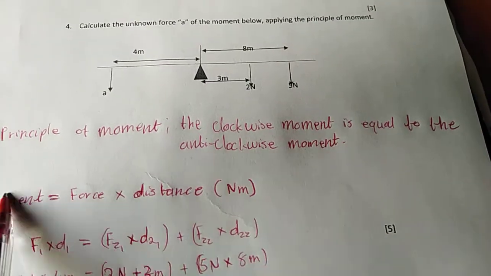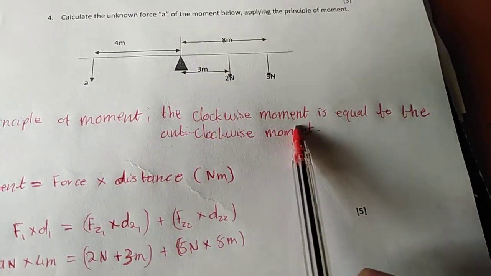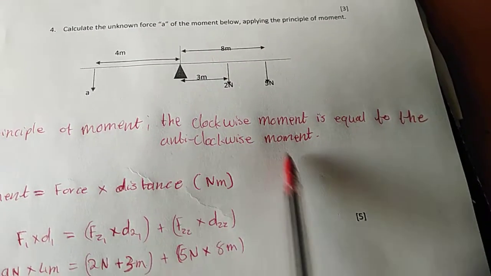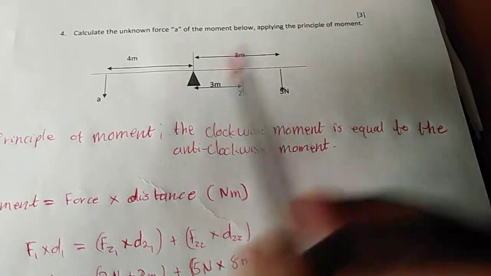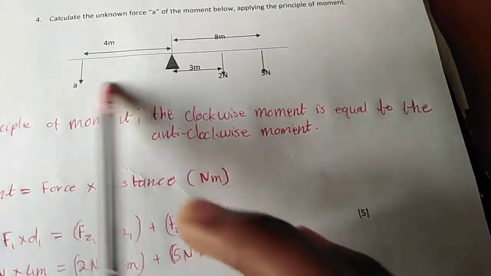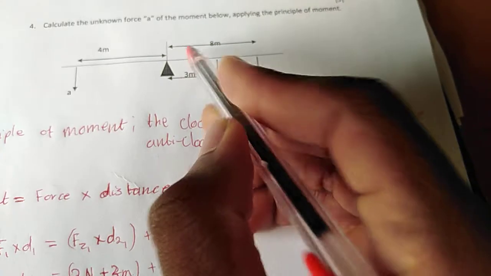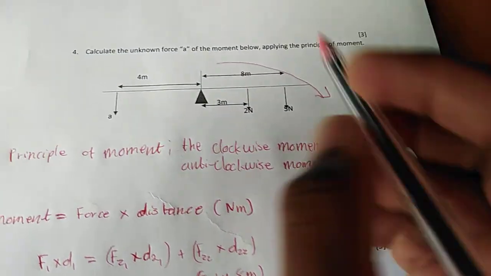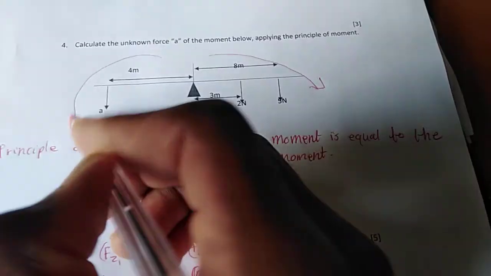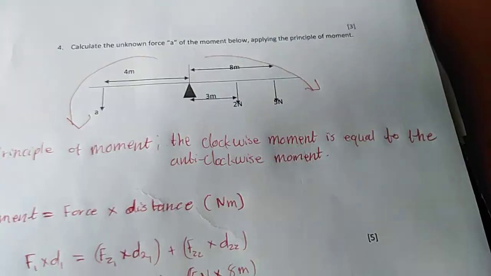The principle of moment states that the clockwise moment is equal to the anti-clockwise moment, which means that once you have a scheme diagram like this, the moment of the clockwise, which is this side, and the moment of the anti-clockwise, which is this side, they are equal.